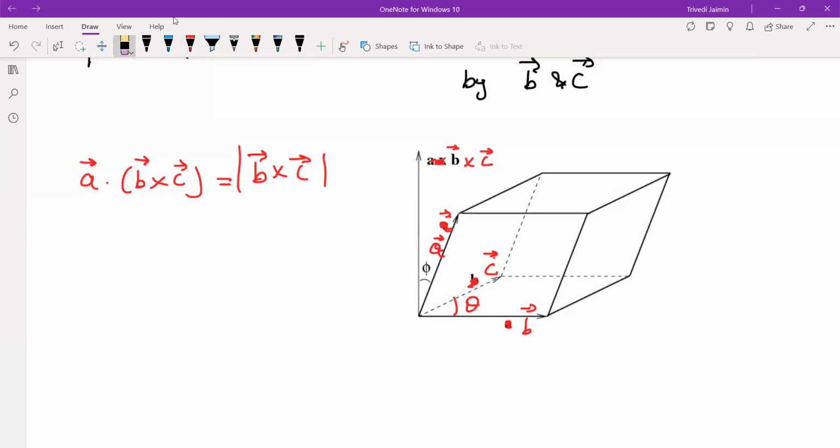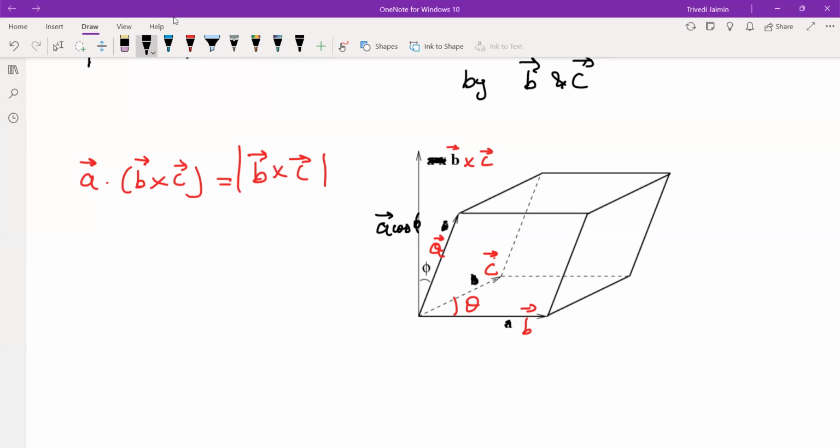Let me use some other color. Here A, perpendicular vectors here. So A cos phi, and this will be sin phi, that we don't require here.